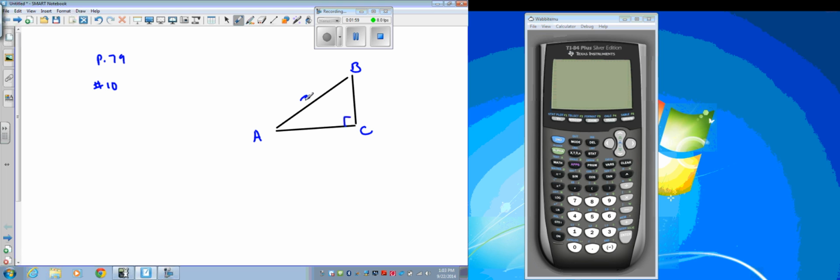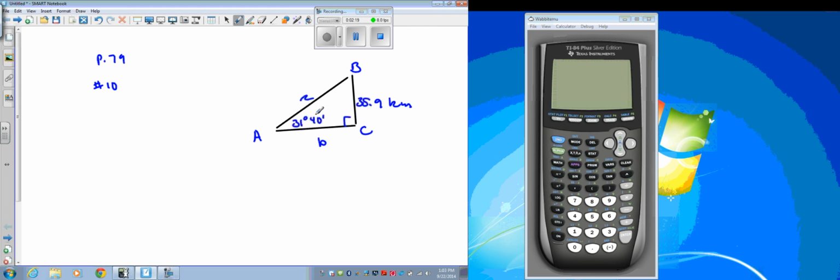And then they're labeling the side 35.9 kilo. This angle is 31 degrees, 30 minutes.